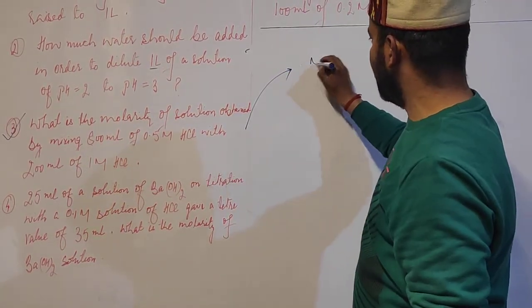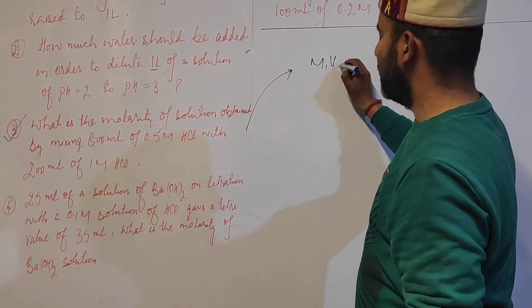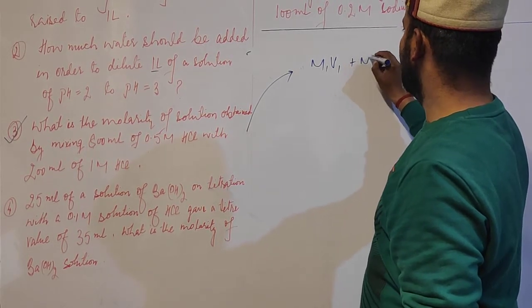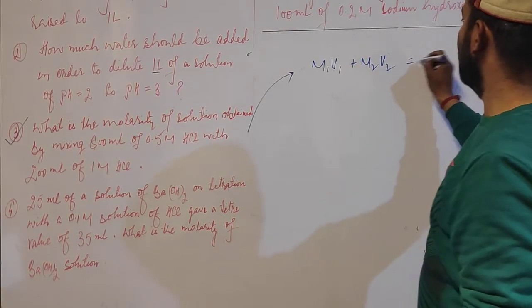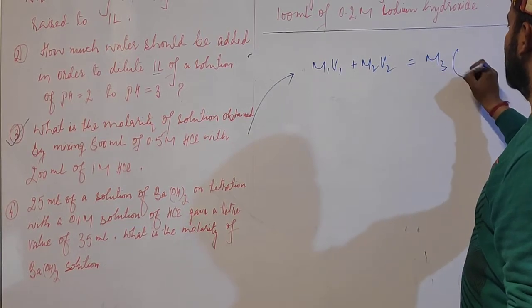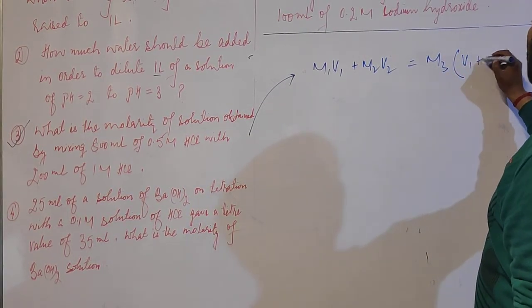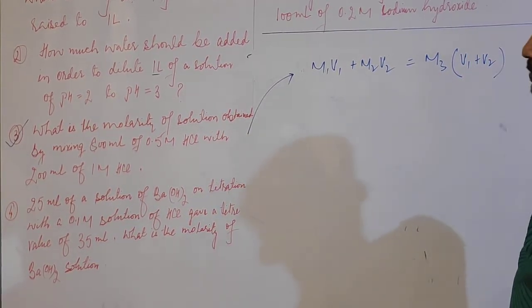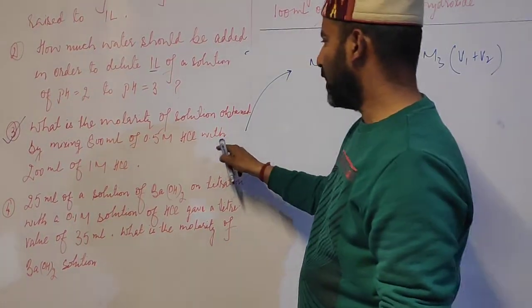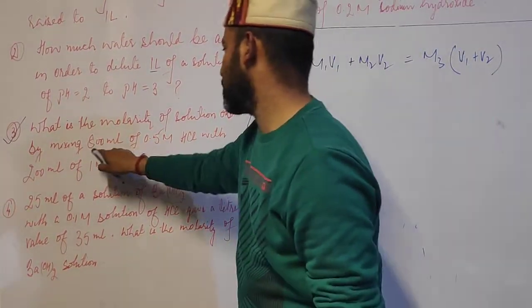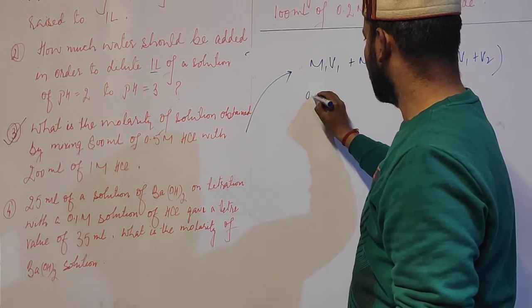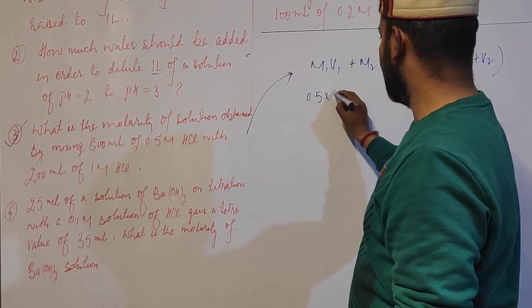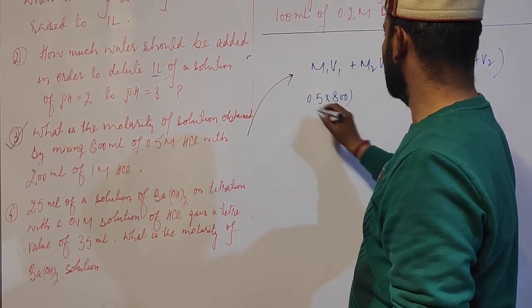So this is a case where the molarity equation M1 V1 plus M2 V2 will be equal to M3, the molarity of the final solution, times the volume of the final solution, that is V1 plus V2. Now the molarity of the first solution is 0.5, its volume is 800 milliliters.